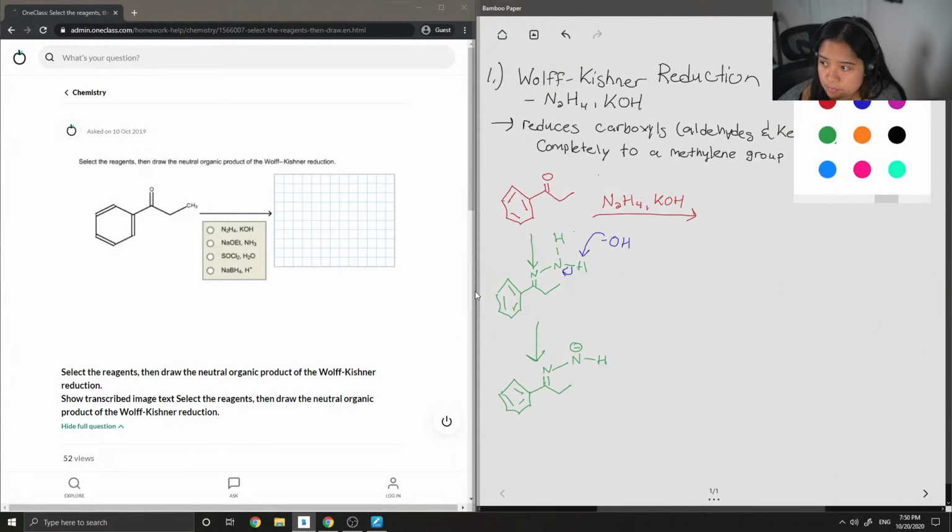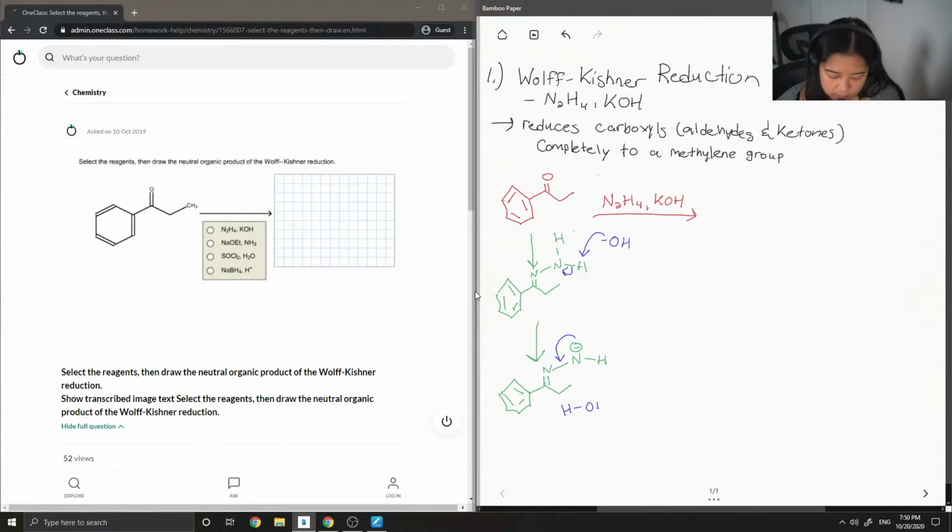Okay, so after this, the negative charge comes down to form a new double bond there. And then this double bond gets reduced.